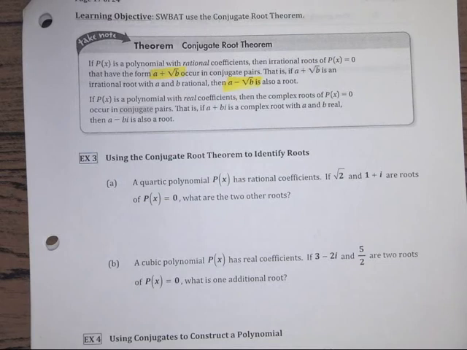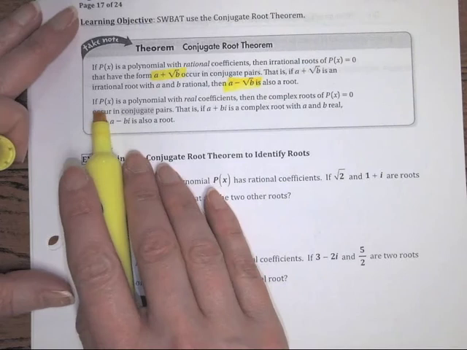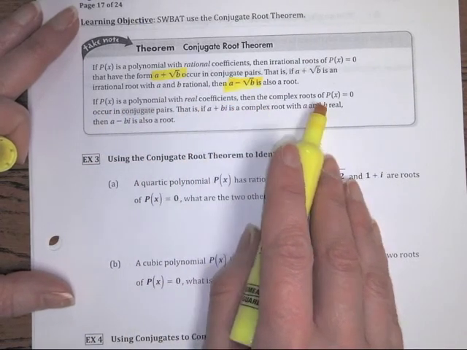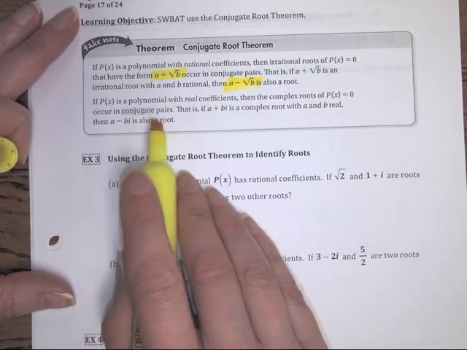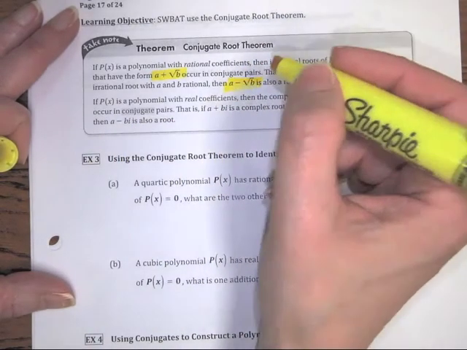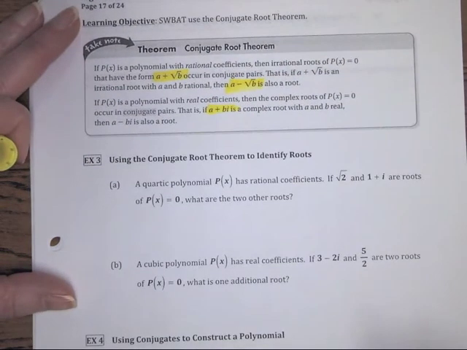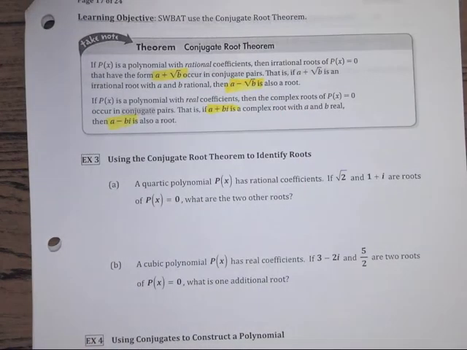Same thing works with imaginary roots. So, if p of x is a polynomial with real coefficients, then the complex roots of the polynomial occur in conjugate pairs. That is, if a plus bi is a complex root, then a minus bi is also a root.